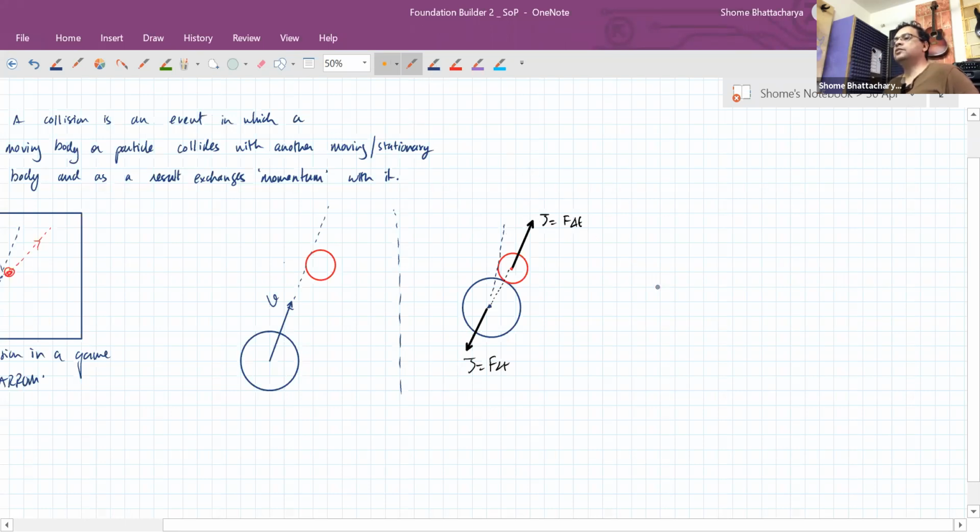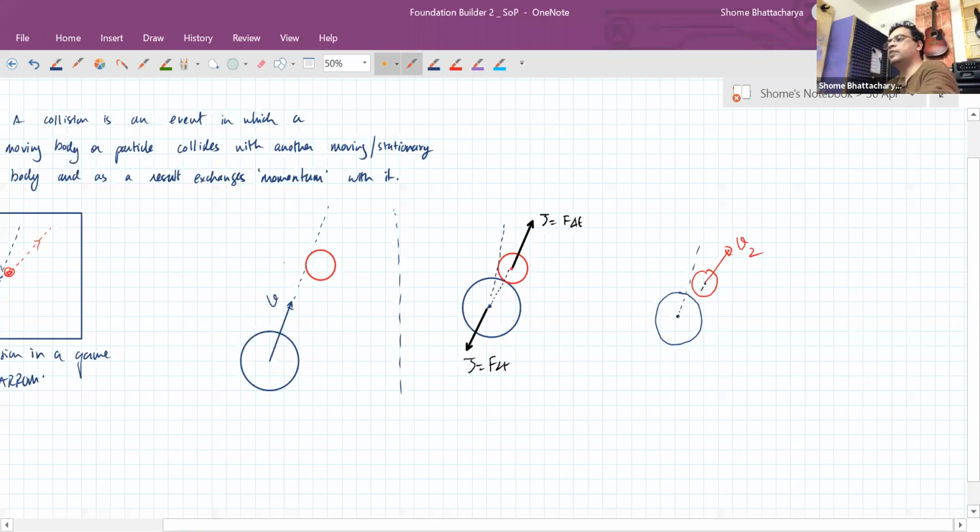As a result of that, the momentum of the system remains conserved. But individually, they start moving off like this. This will have a velocity vector along this sort of direction, let's say V2. And this will have a velocity vector which is now, originally its velocity was in this direction, but a force acted on it along the center to center line.